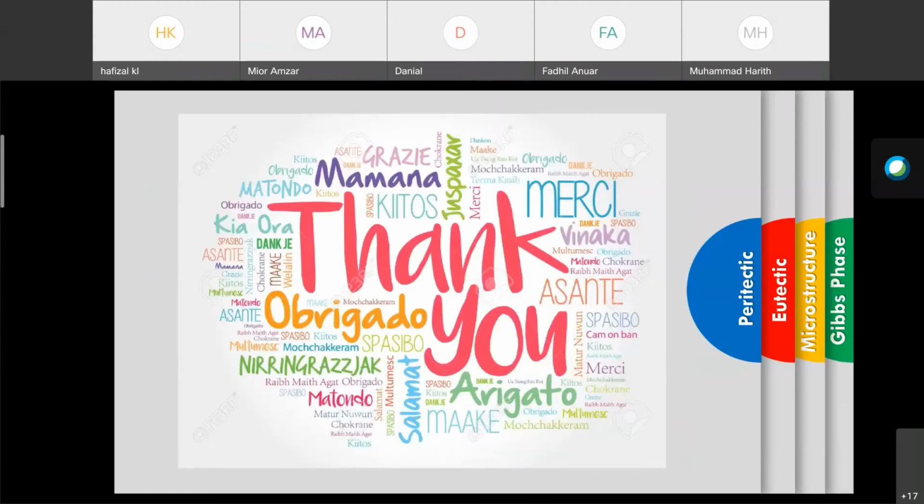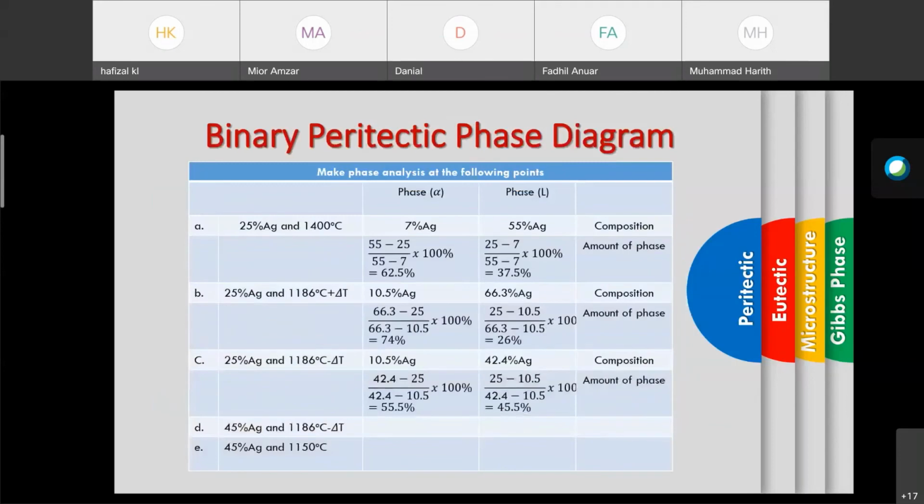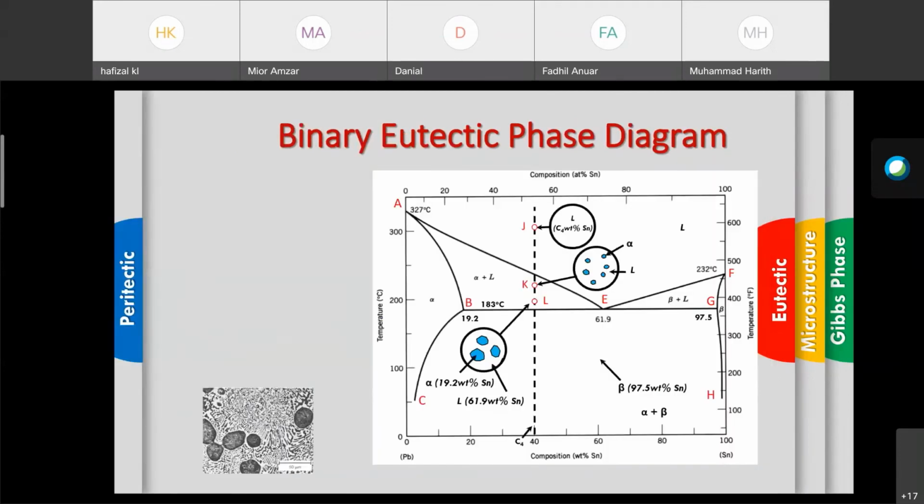Okay, before we stop. Excuse me, doctor, I have a question. Can I look at the eutectic diagram just now? Doctor, I want to ask, why for the alpha it's 19.2 weight percent Sn, but for the liquid it's 61.9%?